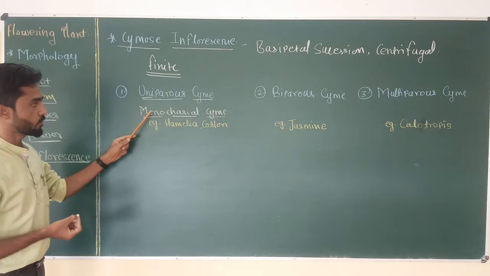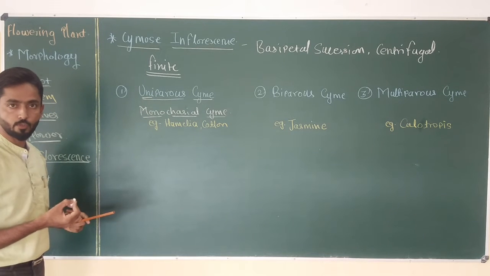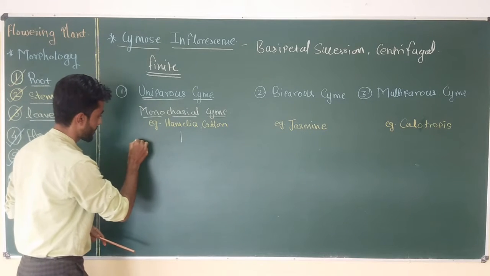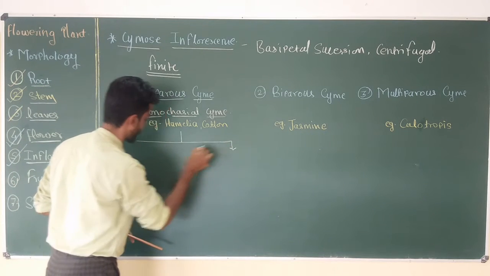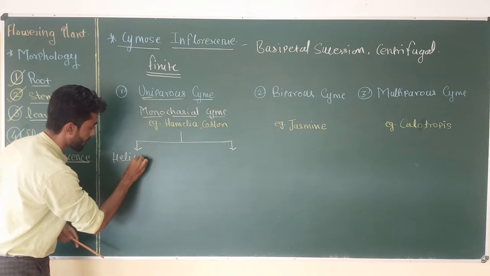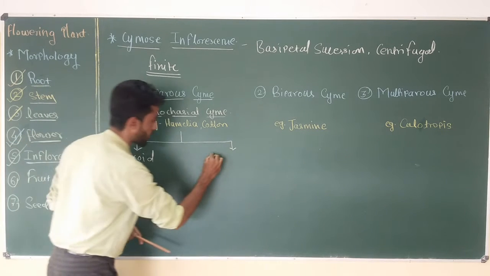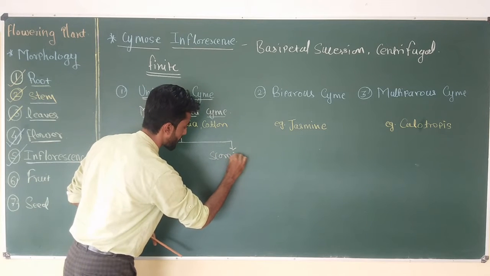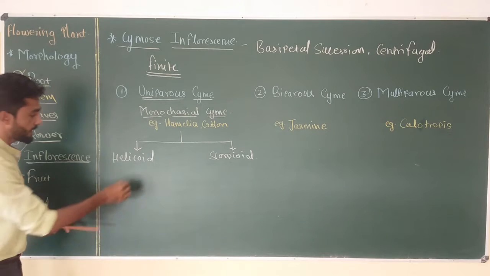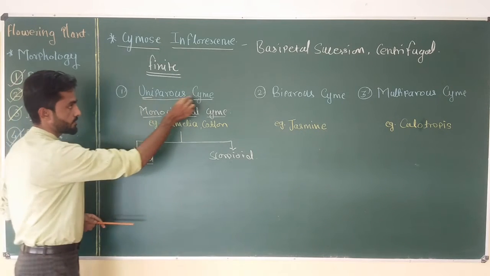And this uniparous or monochasial cymose type of inflorescence is again divided into two subtypes. That is helicoid and scorpioid. So first we are going to see what is meant by helicoid type of uniparous cyme.